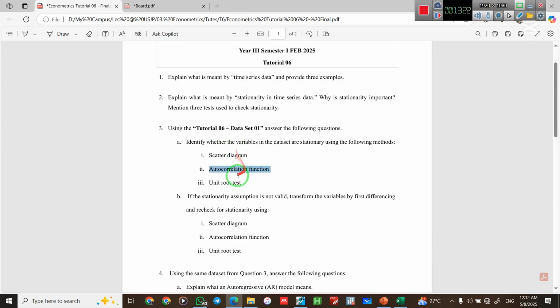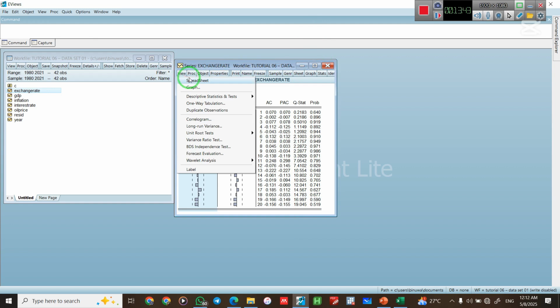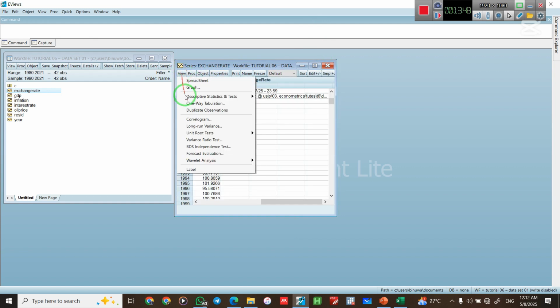So the third method they asked us to conduct is the unit root test. By conducting a unit root test, you can easily identify whether the data or the variable is stationary or not. To do that, you can go to your EViews, go to your spreadsheet first, then click View, then Unit Root Test, Standard Unit Root Test.